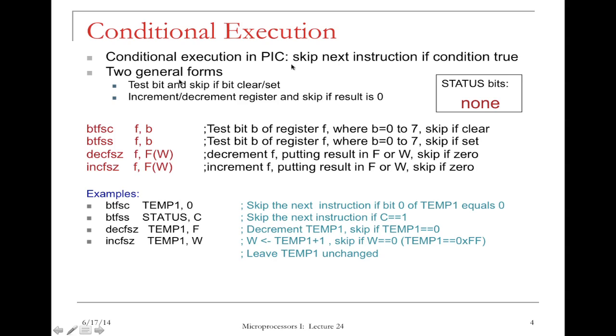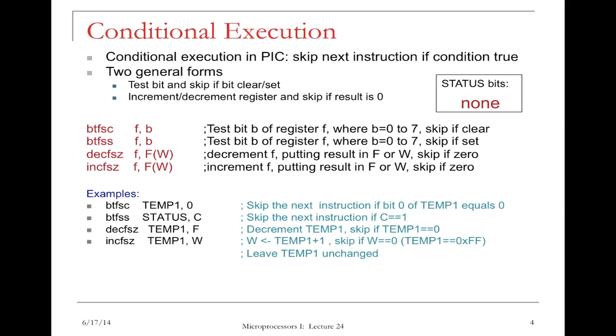The purpose of this instruction is to skip the next instruction if the condition is true. Now let me read this again. These instructions will skip the next instruction if the condition is true. In the past, when we look at Intel conditional branching instructions, the operand to those instructions is a target address, like JNZ label, right? That's the target address.